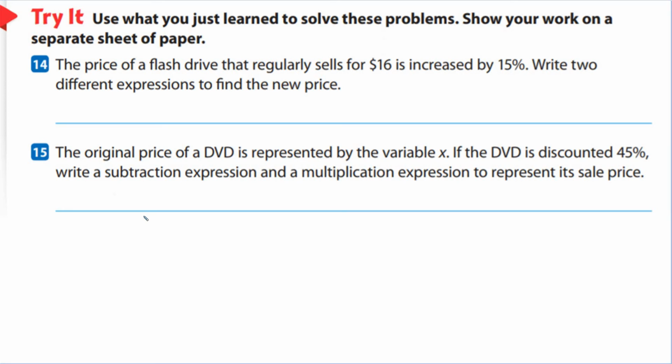And then question 15. The original price of a DVD is represented by a variable X. If the DVD is discounted 45%, write a subtraction expression and a multiplication expression to represent its sale price. Again, pause this video, and then once you're on pause, check your work, and we'll break it down.